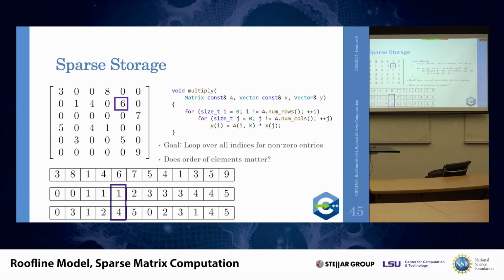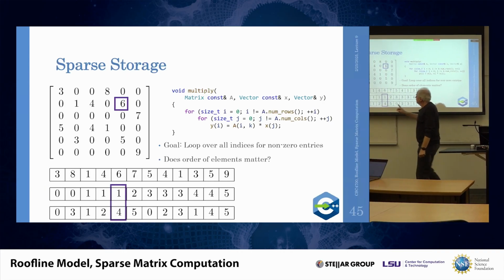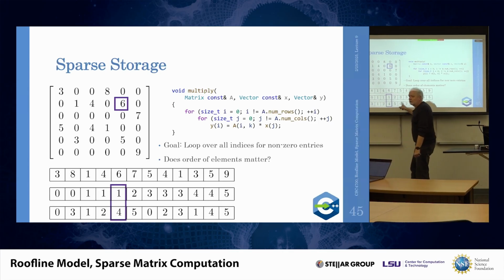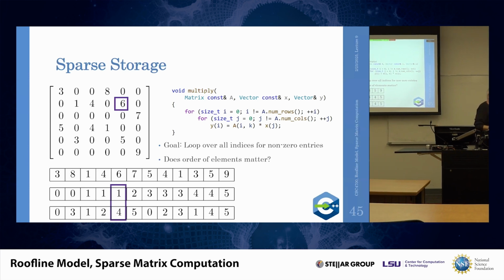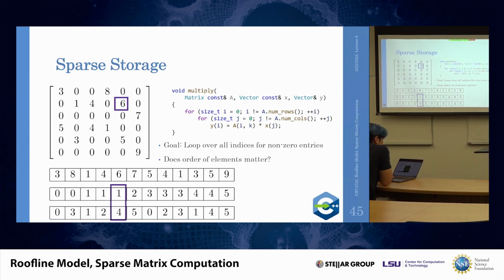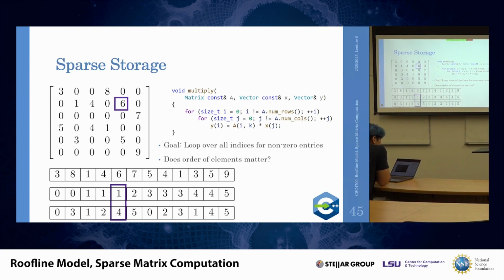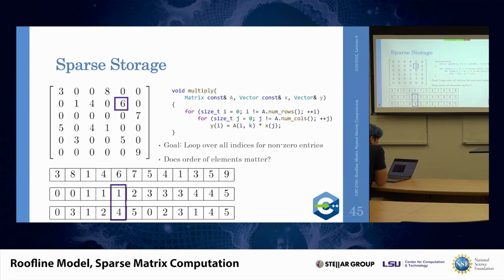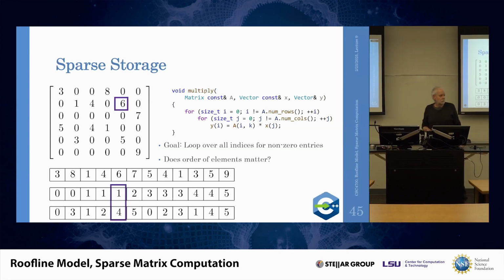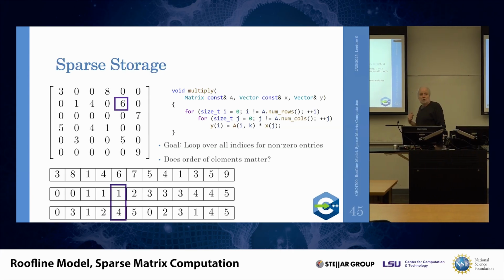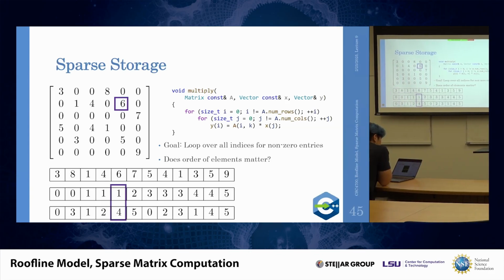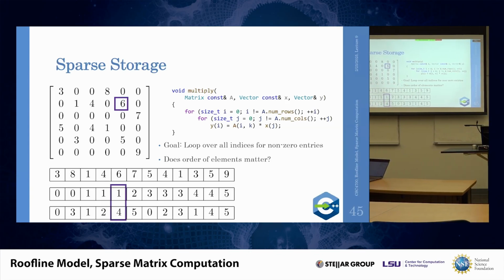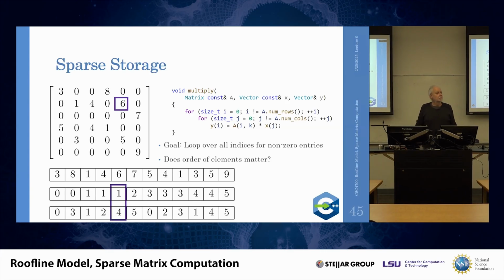One interesting question is, now, does it matter in what sequence we store these things? It doesn't matter anymore, right? Even if we flip these two things, we still have the same matrix, because we store the position of the value together with the value. And that's an important insight, and we will see how we can utilize that, that the sequence of how that is stored in memory doesn't matter anymore.